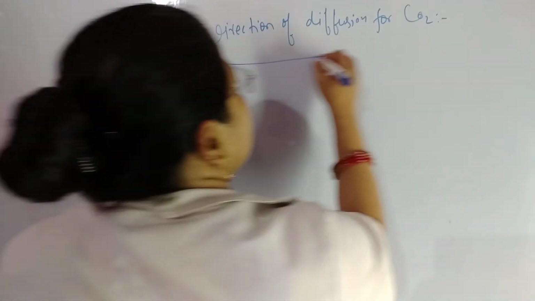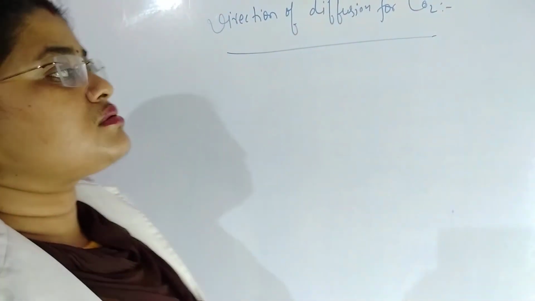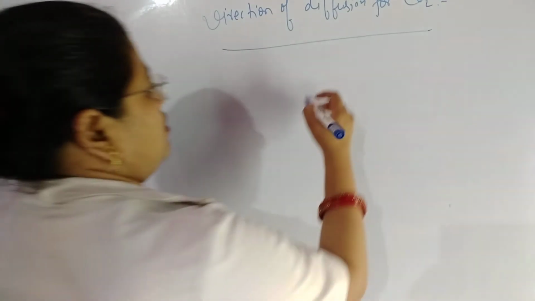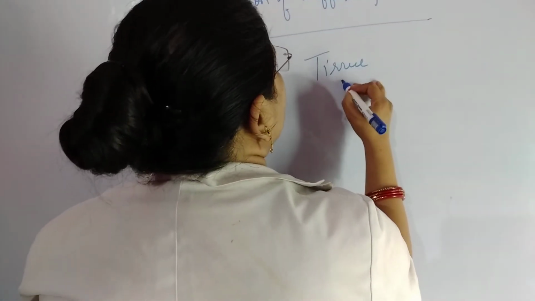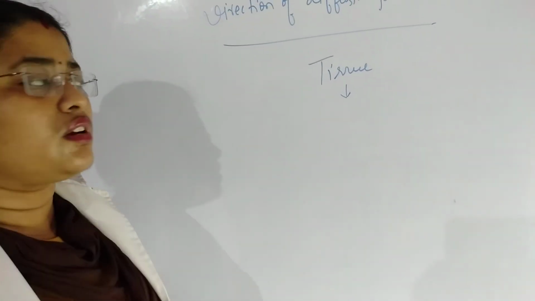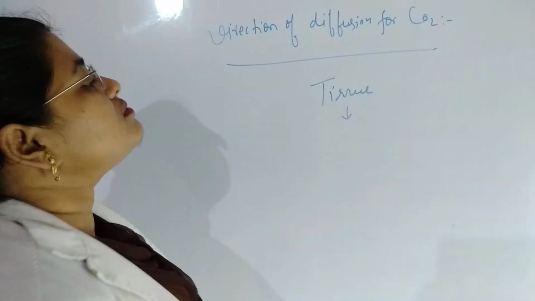It is maximum in tissues because it is formed as a waste product during metabolism.